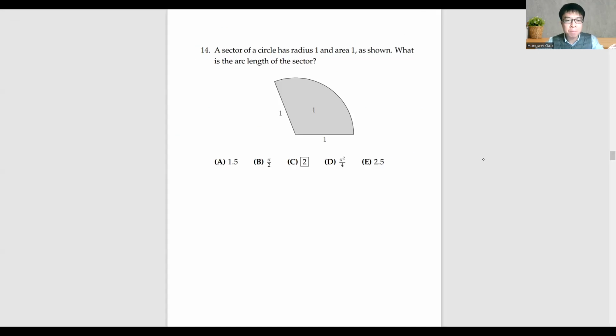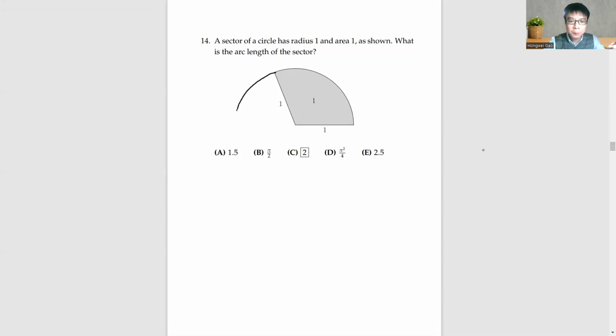Question 14. A sector of a circle has radius 1 and area 1. What's the arc length of this sector? So we can view the sector as a part of a big circle. Let me draw the complete circle. And we can consider the corresponding central angle is theta.